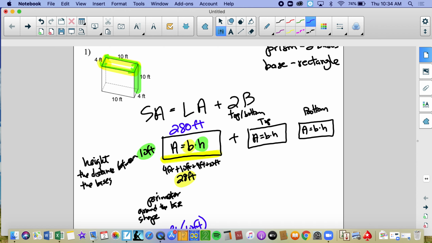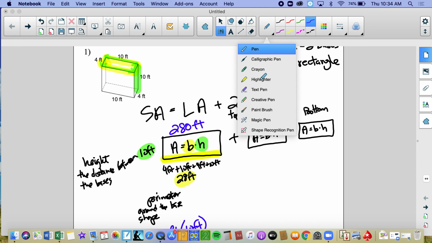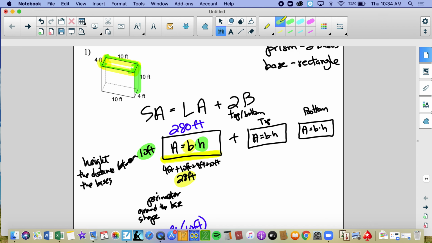We're talking about the top of that object. If we look at the base of that top object, I'm going to take the base, being this one, which is 10 feet. I'm going to make this my base.